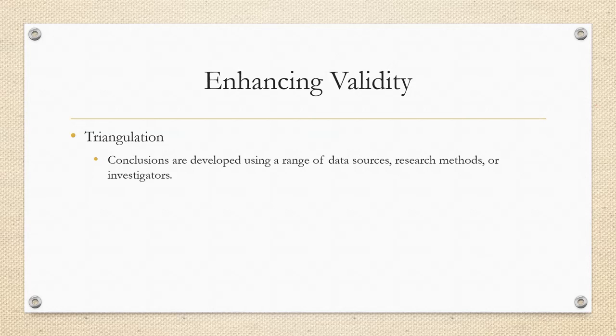One way to do this is through triangulation. In triangulation, you can think of a triangle coming together, the lines connecting those points. In the same way, conclusions in your needs analysis would be developed using a range of data sources.